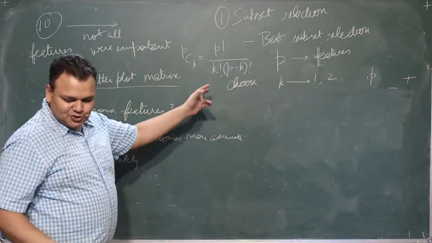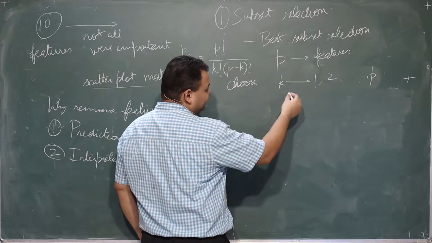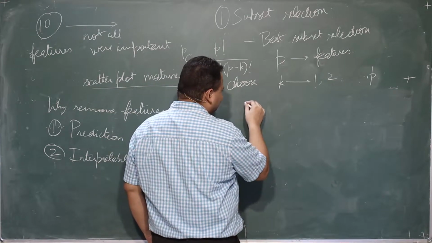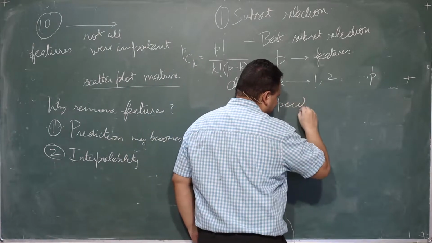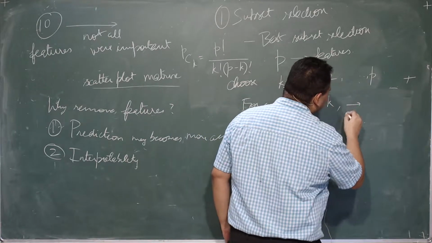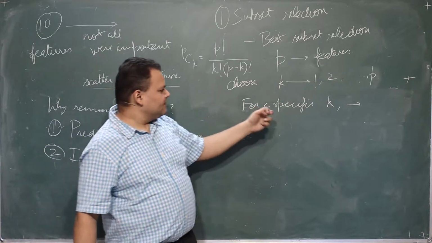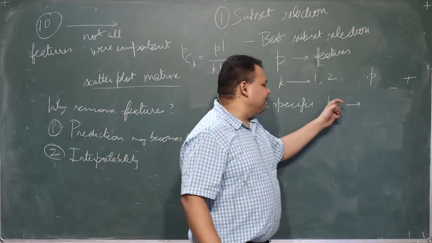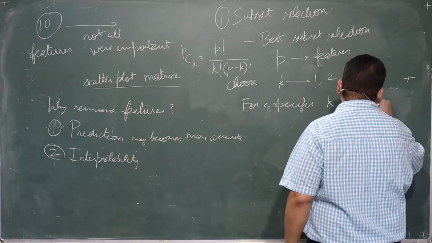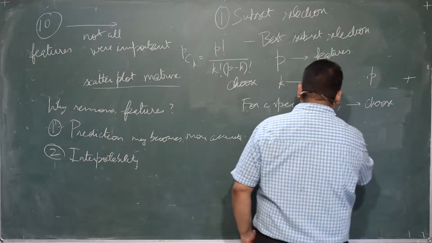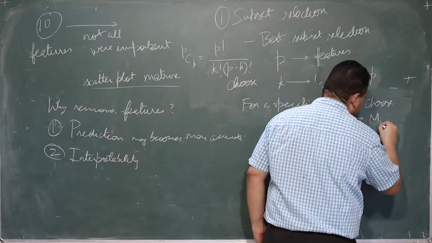We choose one k, and for a specific k you'll have pCk models. Out of those pCk models, we'll choose the best one and call it model Mk.